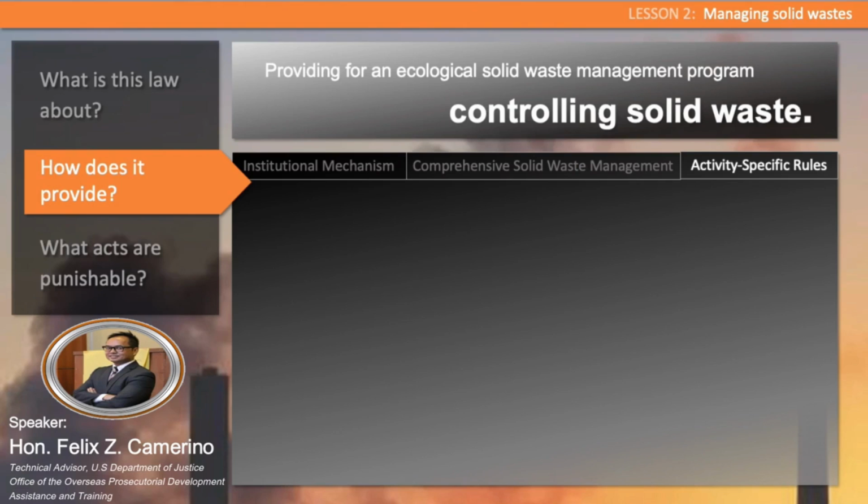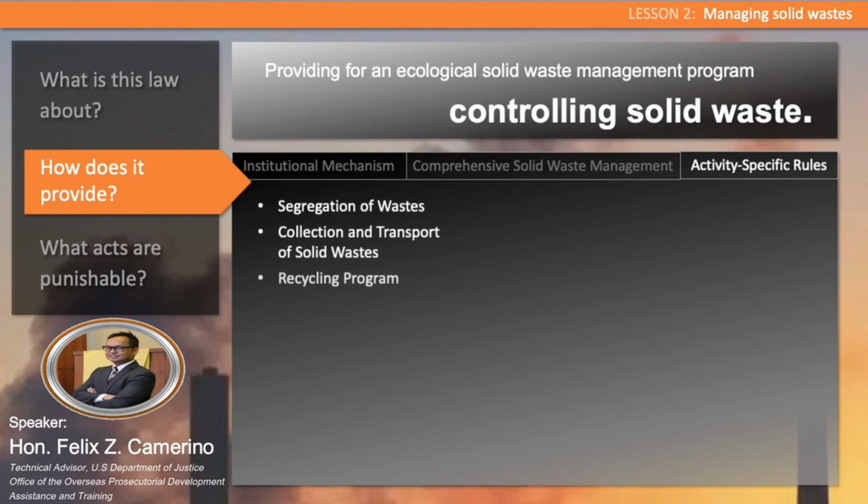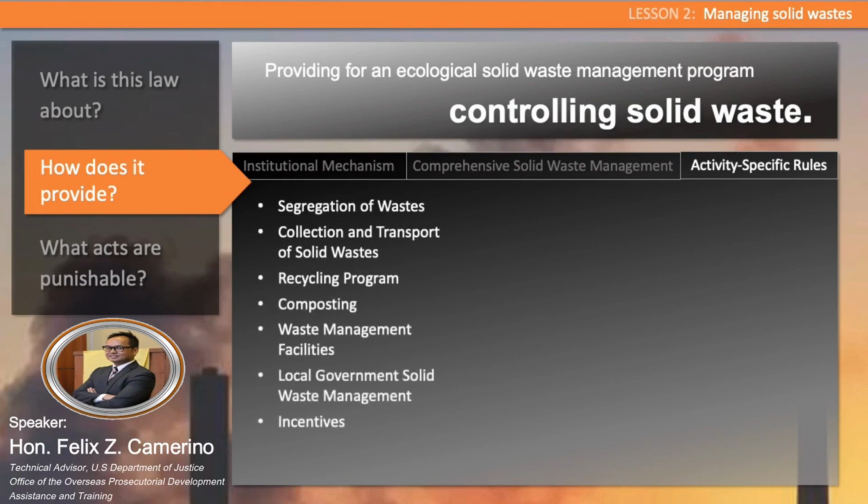So let's take a look at specifically what these activities and topics are and see what kind of rules may have been set for some of them. Okay, so there are about 8 that the law enumerated, and under each there are again special rules that it made provisions for. So let's take a look at a few of them.